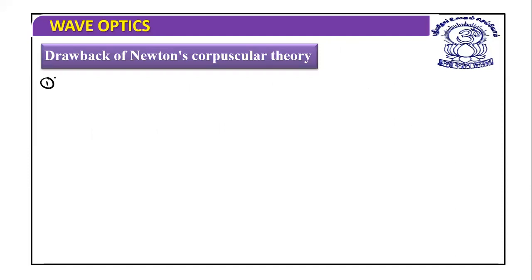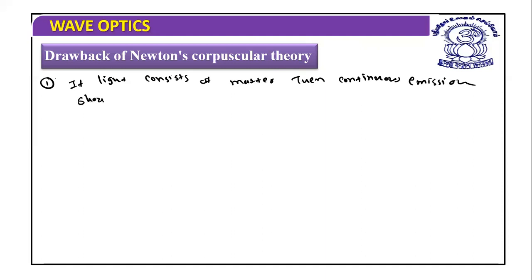First, according to this, if light consists of matter, that is particles, then continuous emission should decrease the mass of the source of light. But that is not the practical case.